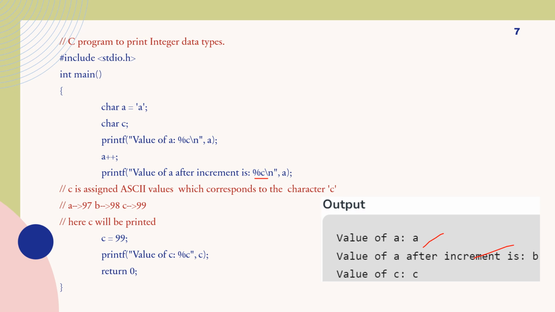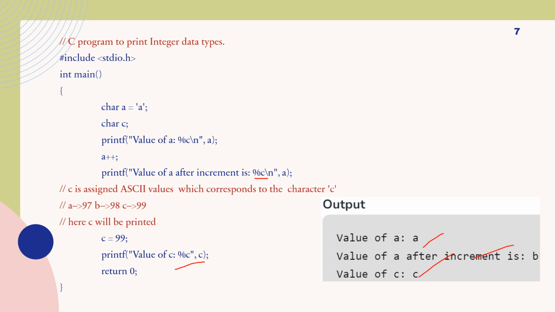So we know the ASCII value of small letter a is 97 and b is 98 and c is 99. And here if I make the assignment of c to be 99, the compiler can print the value of c, not the ASCII value.